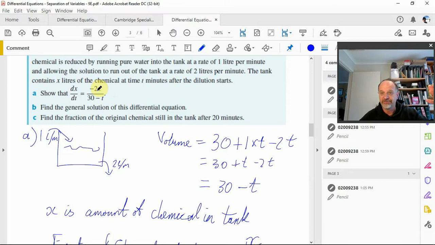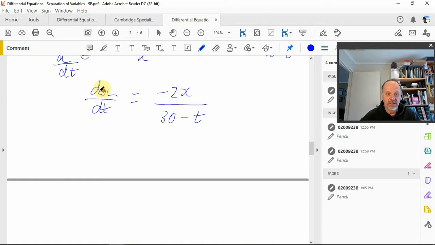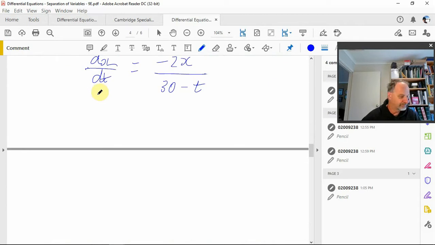If you get stuck on the first part, you can still do the second part. All right, so part B.